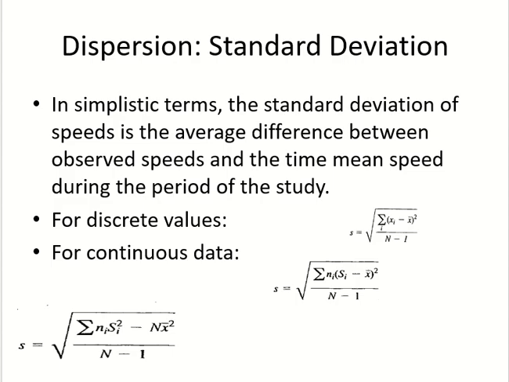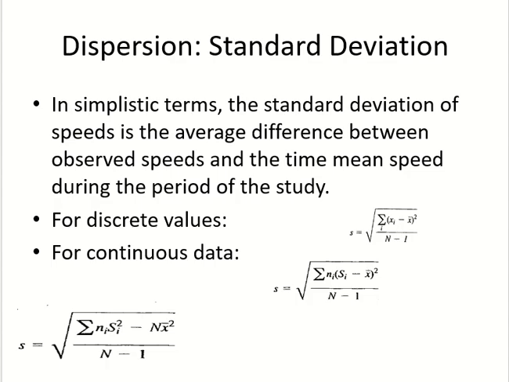Now in our data, what was n? Number of vehicles observed in each group. What was s? Speed. Which speed? The middle of each group, right?